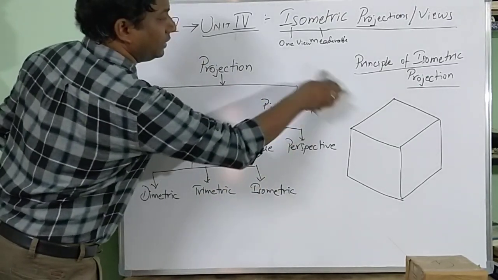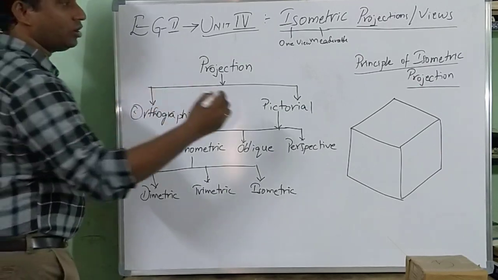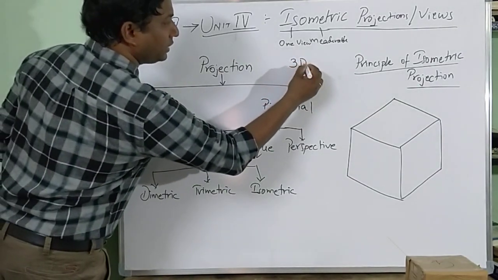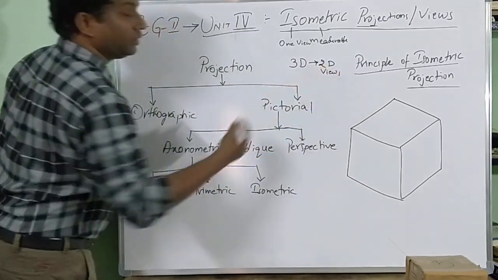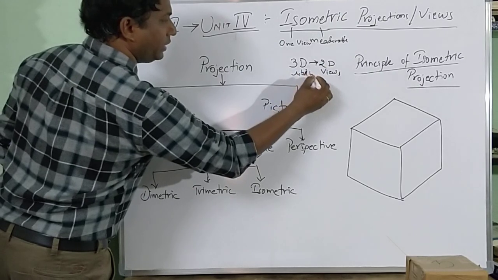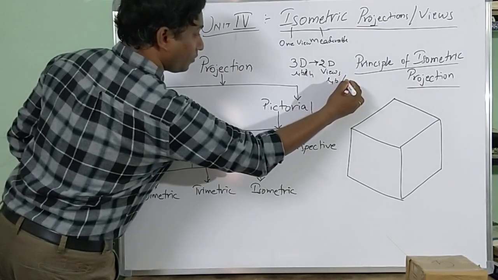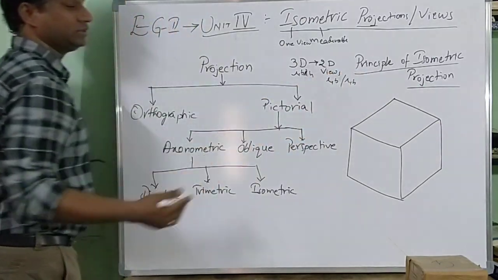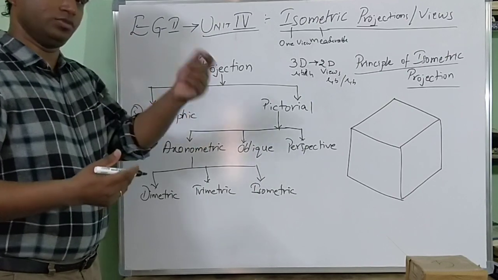Remember the orthographic projections concept: there we convert three-dimensional objects into two-dimensional views. Three-dimensional consists of length, breadth and height. We put out length and breadth, or length and height, depending upon the views. Remember the views: front view, top view, side view.